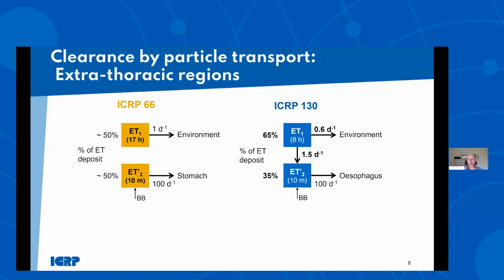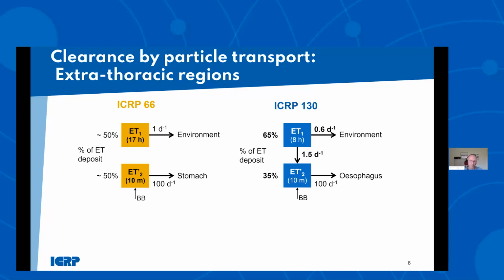You can see now that about 2/3 of the material which is deposited in the nasal passage, in the ET1 compartment, is cleared to the ET2 region. This means that now about 80% of the deposit in the extrathoracic region is available to be absorbed into blood in the ET2 region, while we know that there is no absorption in the ET1 region.